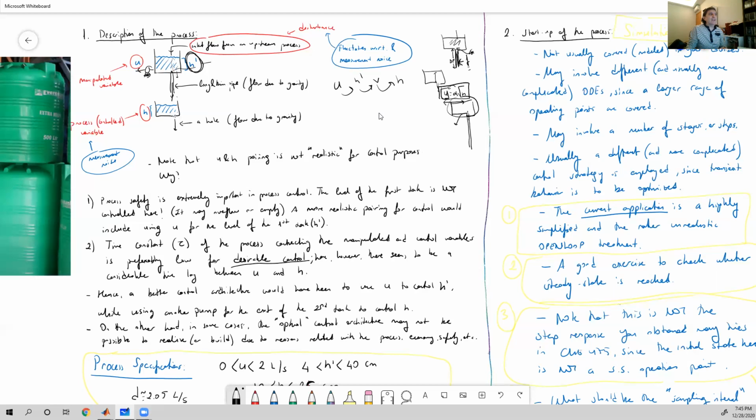So the outlet velocity will not be equal to some alpha times the square root of h, but u is going to be determined by an additional differential equation. And this differential equation is written for this pipe here.